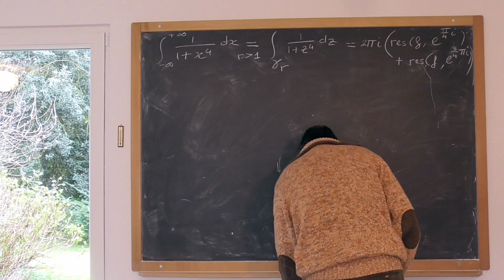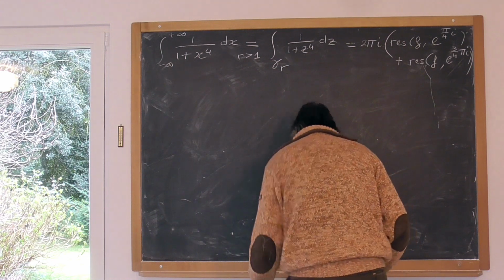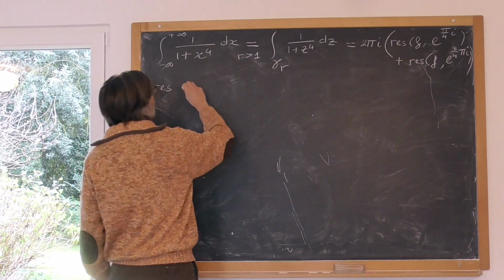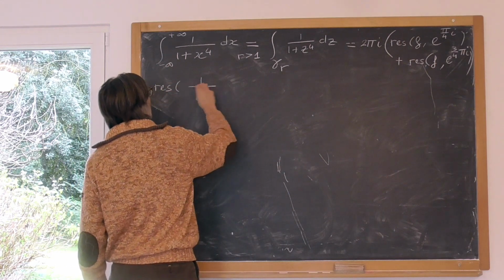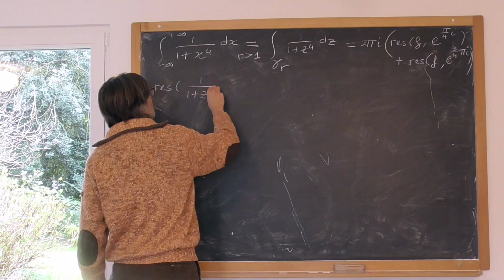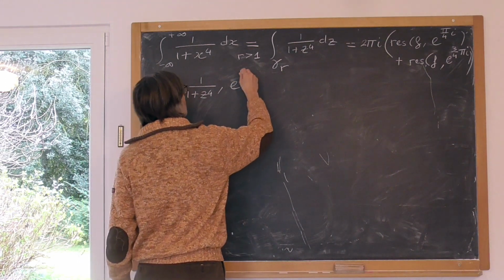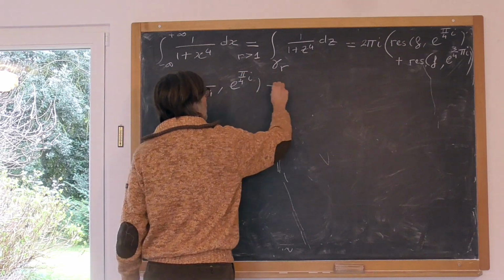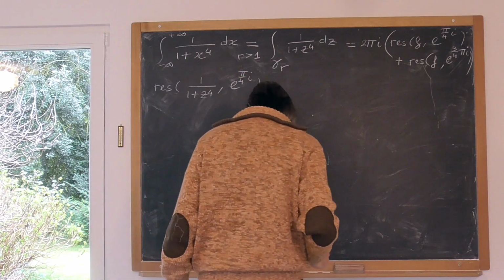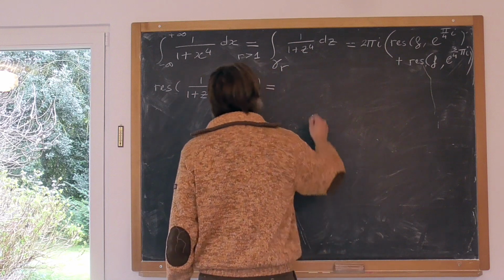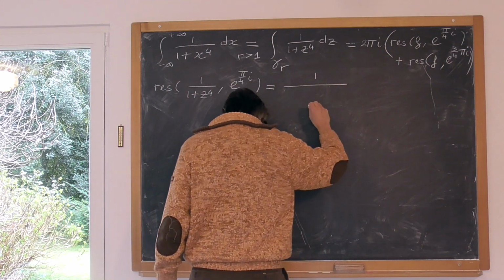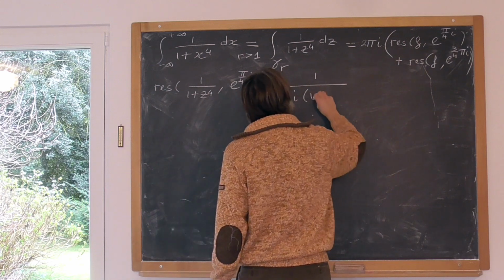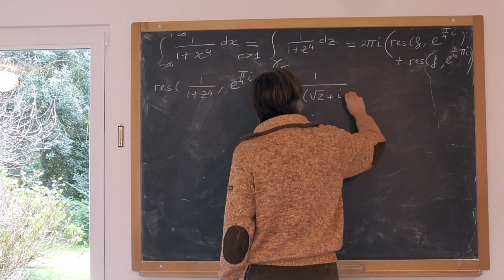And I will write down here what the values are. The residue of the function 1 over 1 plus z to the 4 at e to the pi over 4 i has the value 1 divided by 2i (square root of 2 plus i square root of 2).